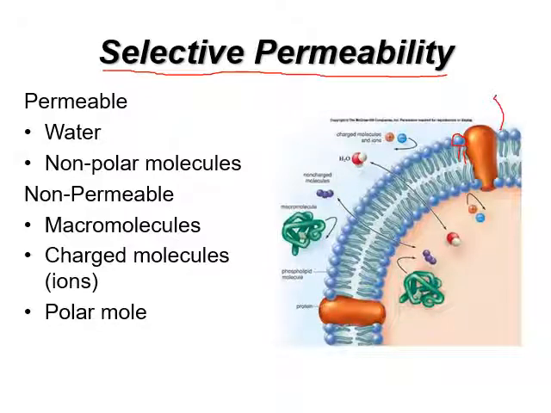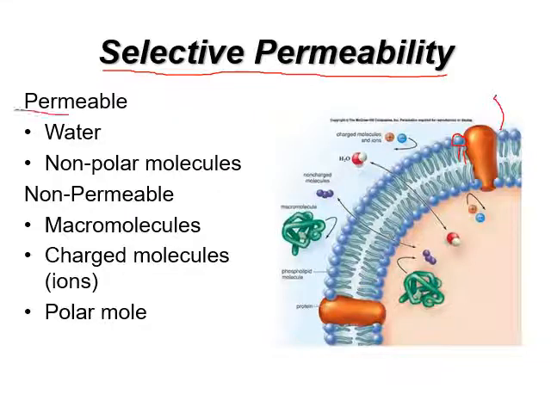You can imagine polar things or charged molecules won't play nice with the membrane. They won't be able to intermingle and move their way through. Non-polar molecules, okay, can move their way through.